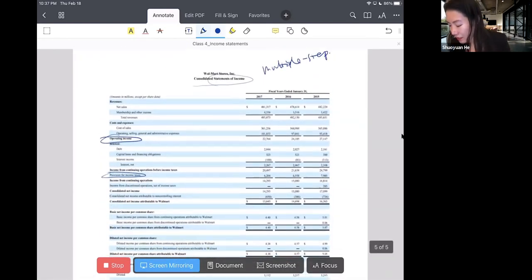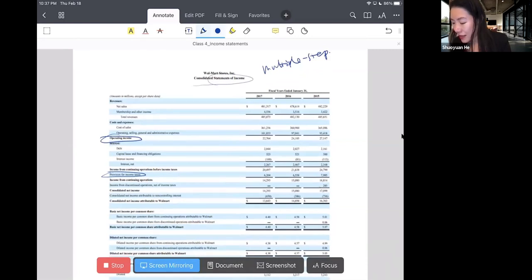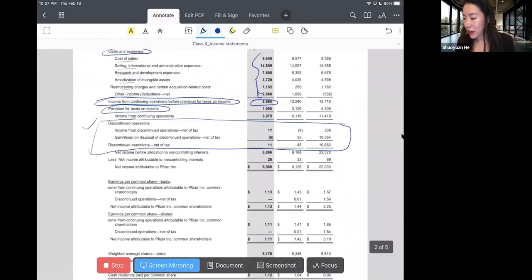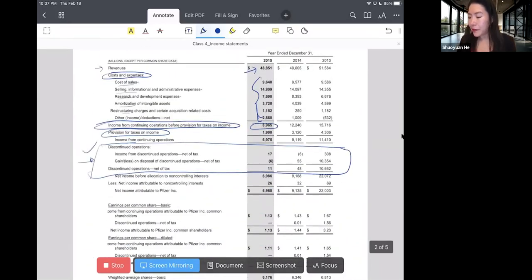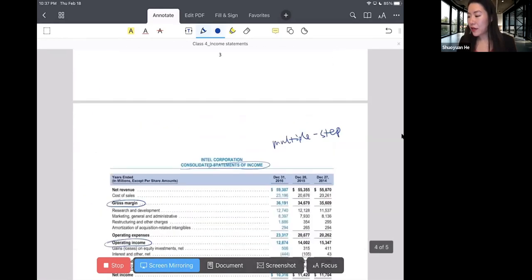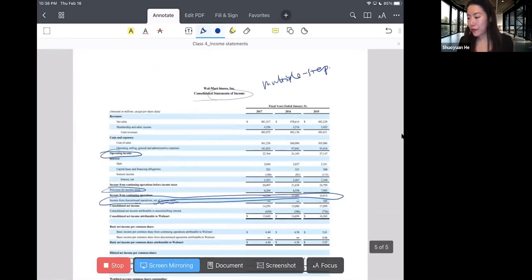How about Walmart? Walmart does have discontinued operation, even though it is only one line. But we can already see it here. So the firm does have discontinued operation, no matter if the firm is just grouping everything into one line, or if the firm is disclosing it in more detail, as Pfizer is doing here. In both of those cases, both Pfizer and Walmart, they do have discontinued operation.